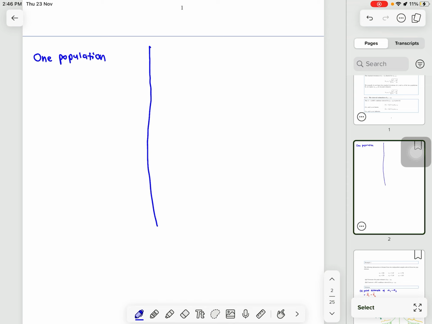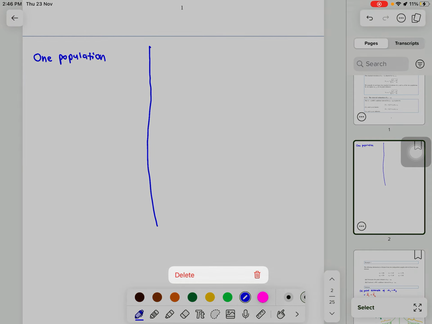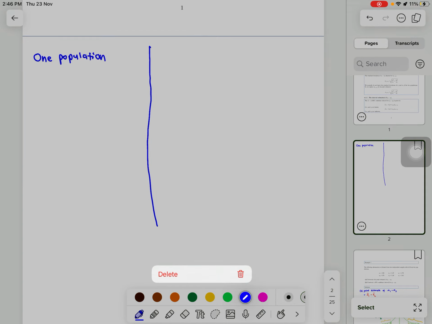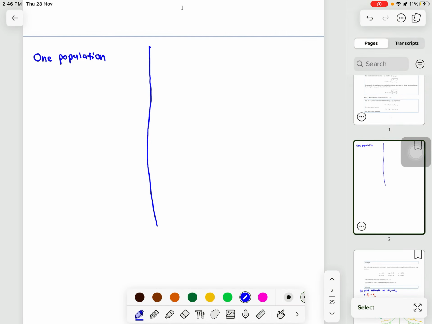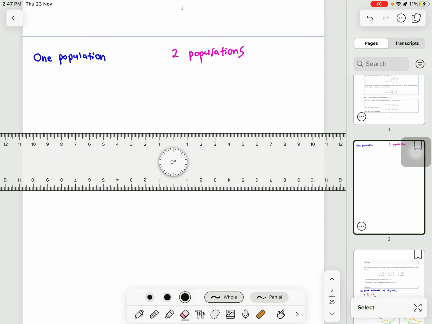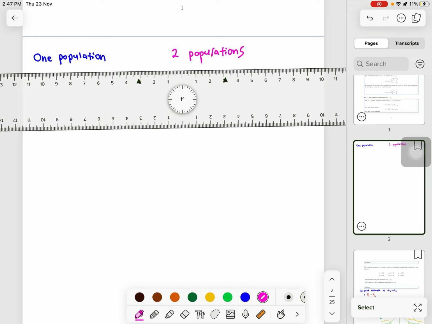Today we will learn about two populations. So I will put another population, and two populations.